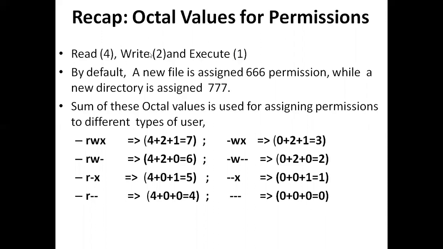And if we add these three values, 4 plus 2 plus 1, it comes to 7. And by default, whenever a new file is created, it is assigned 666 permission, and a new directory is assigned 777 permission.